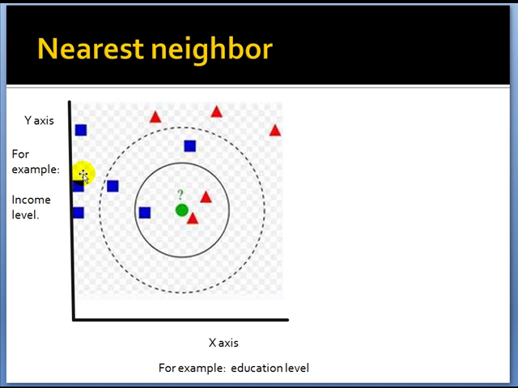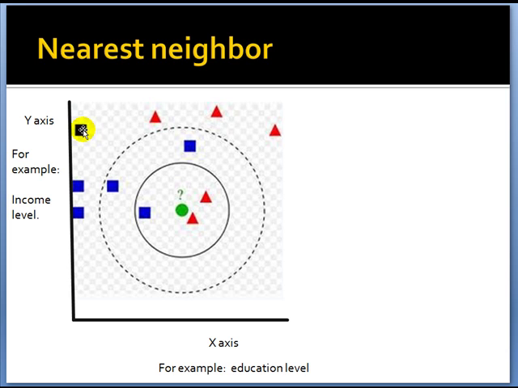We have color here, blue and red, and actually green, but we ignore the green for the moment. Let's say that blue indicates a bad candidate for a loan, and red indicates a good candidate for a loan. So this means that we had a person in the past whose education level was very low but whose income level was quite high, and they ended up defaulting on their loan.